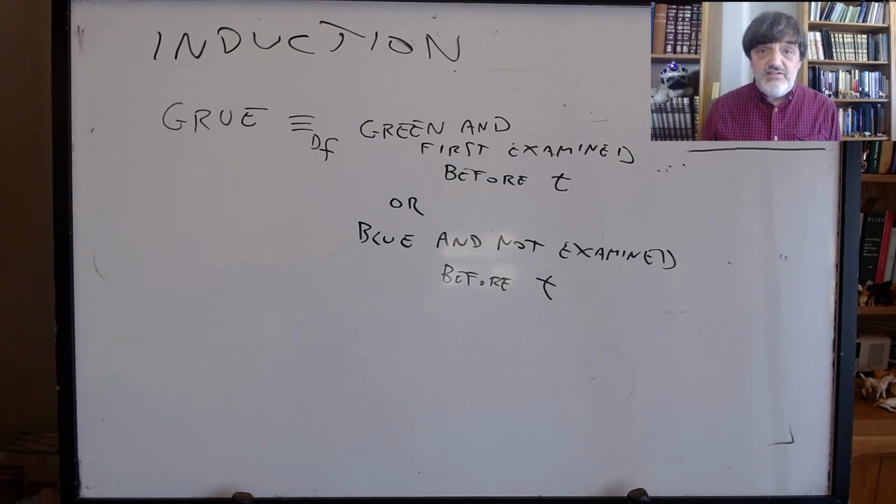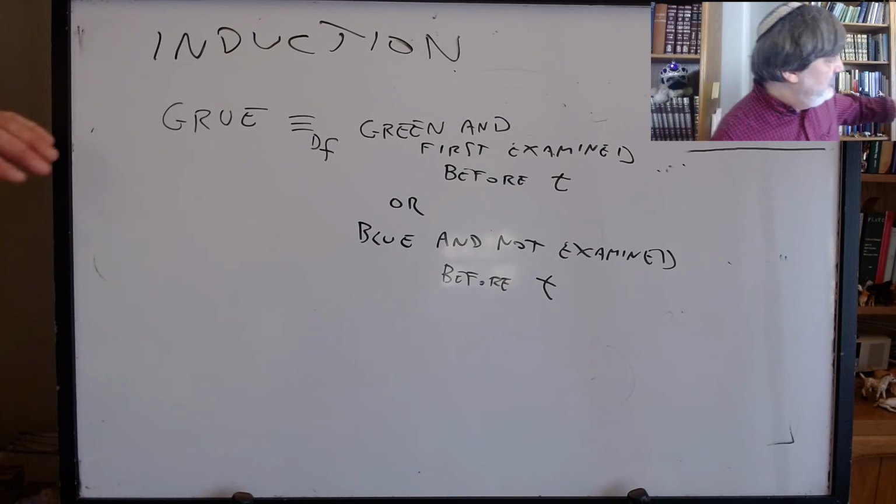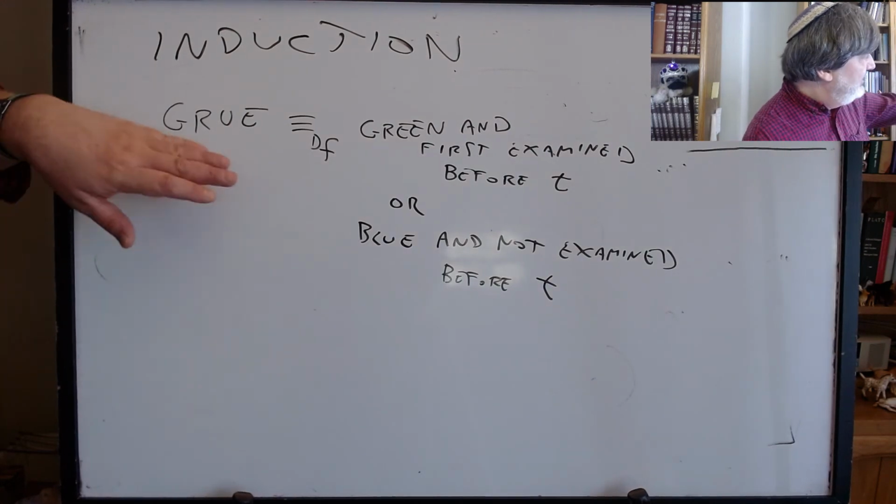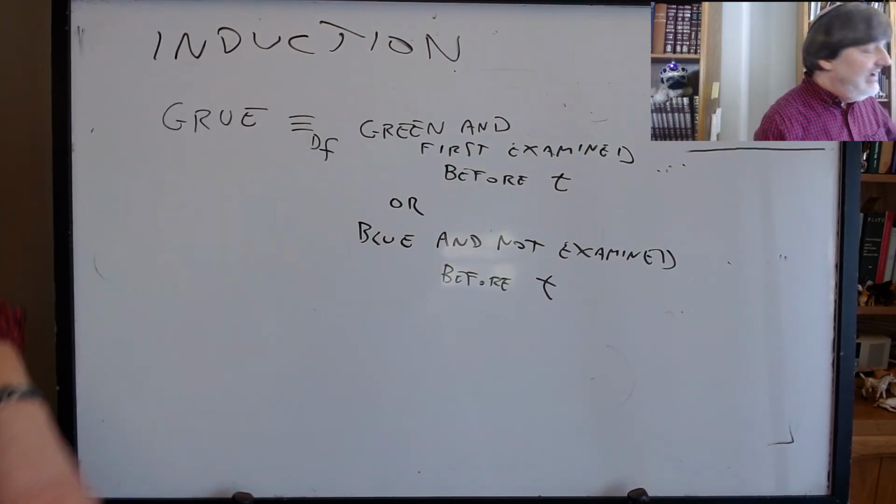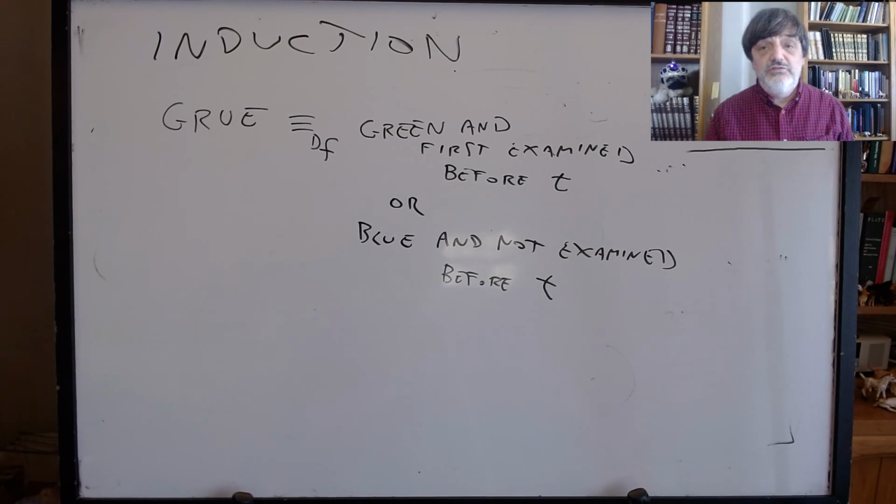And this is a devastating problem for Carnap. Why? Because you can see that GRU was introduced by a definition using green and blue.